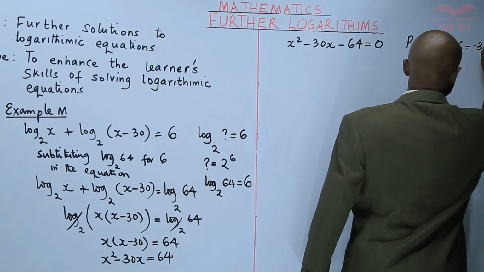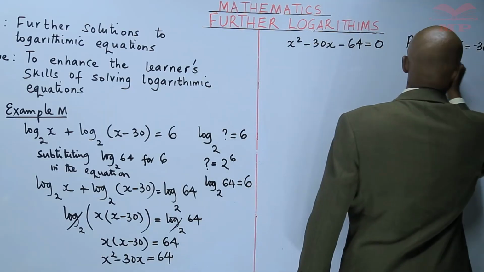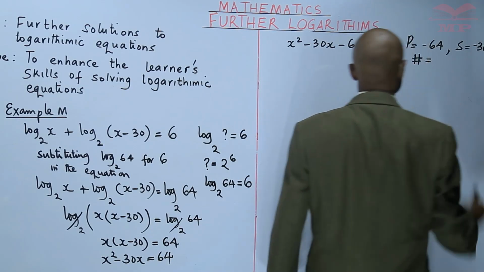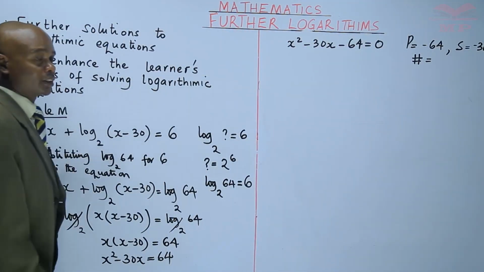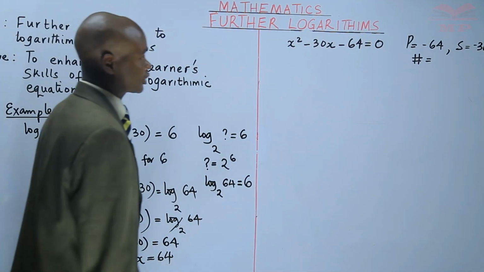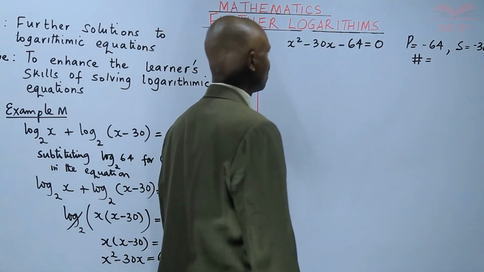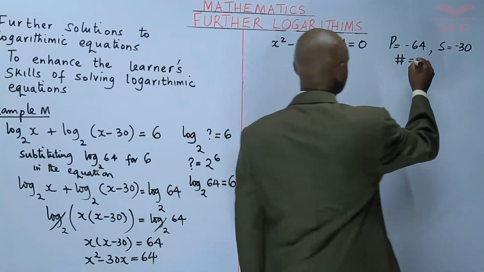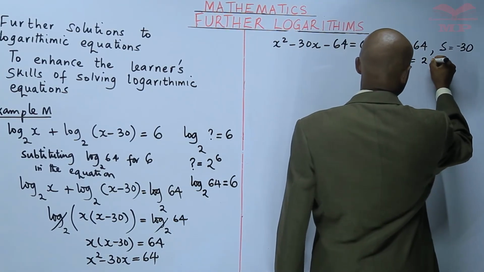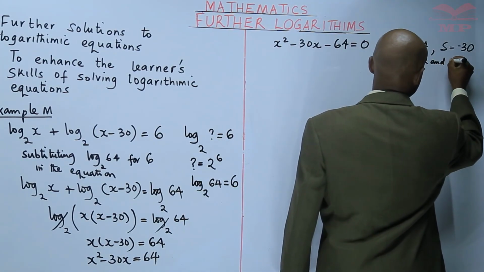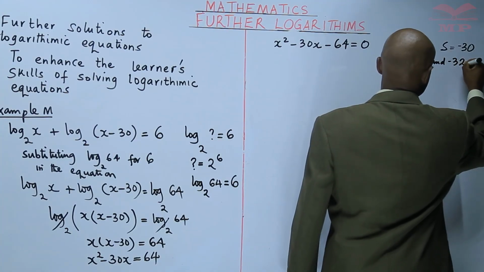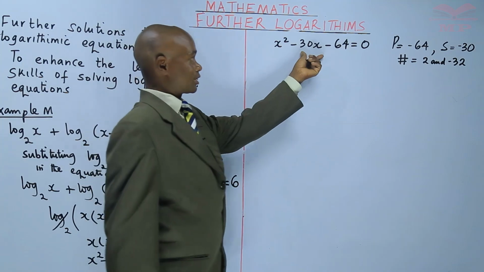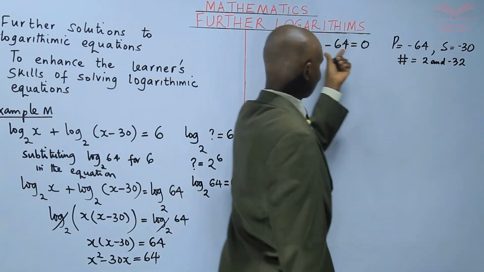Those two numbers, if you look at them well, are 2 and minus 32. They are the ones that will break up this middle term.